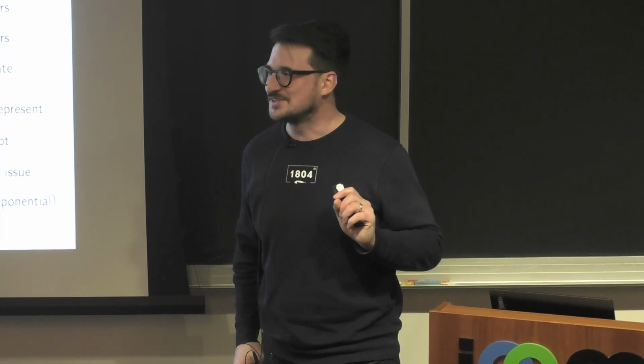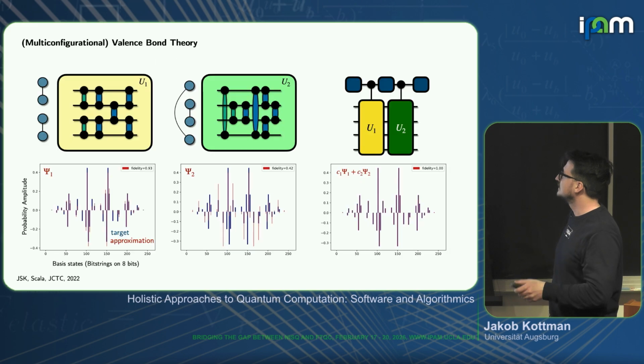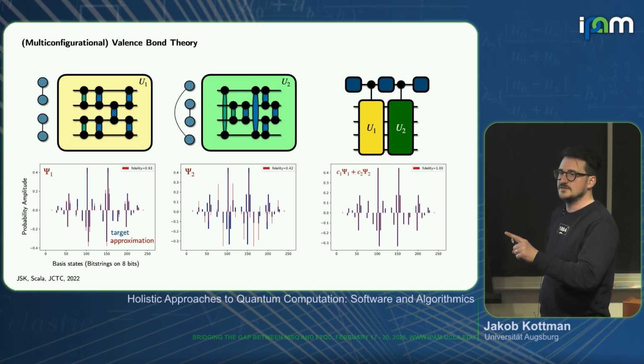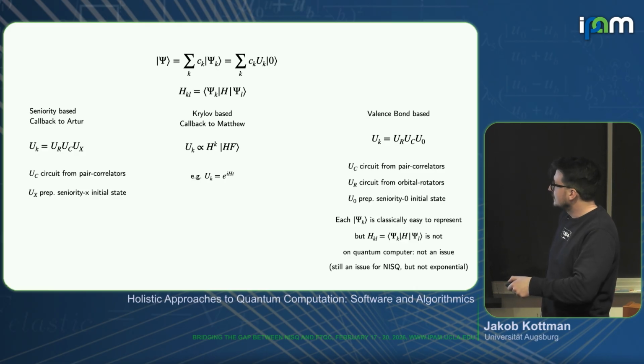I'm going to skip the last part due to time issues. In general, I think these valence bond ideas are quite interesting, and I think they have been abandoned because you have very compressed states, but if you need the states to talk to each other, that's the hard thing in these valence bond methods.